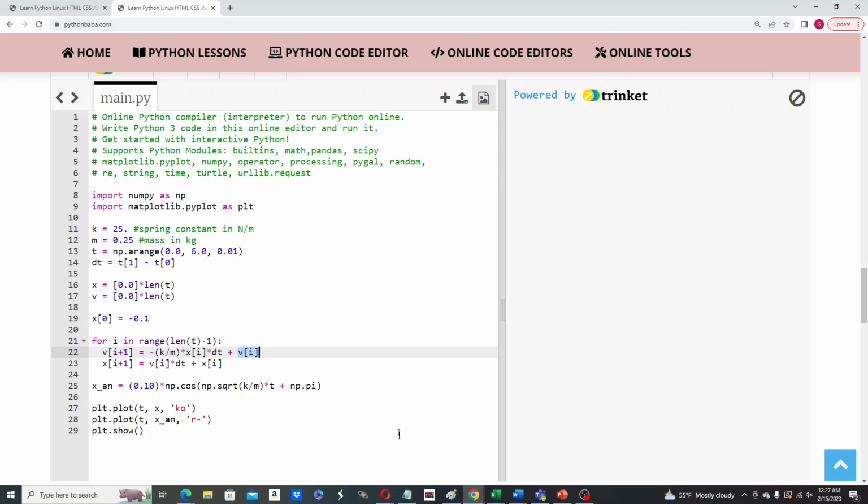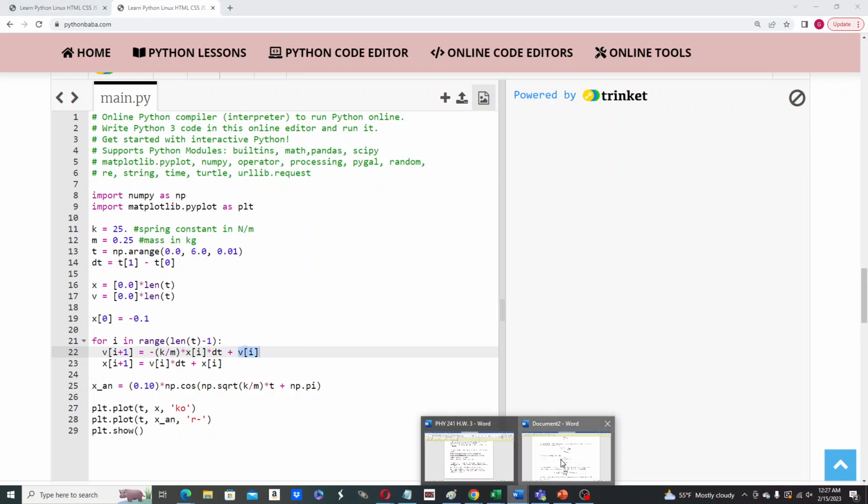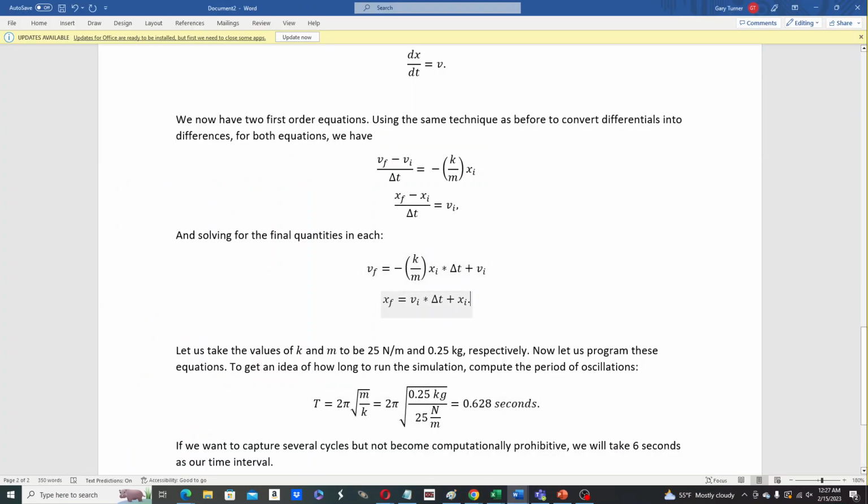And as written, if we come back here, you'll notice that my final position is going to be my initial position plus my initial velocity times time. But here I'm computing the final velocity over a time step, okay? But as written, Euler's equations would look like this, okay?